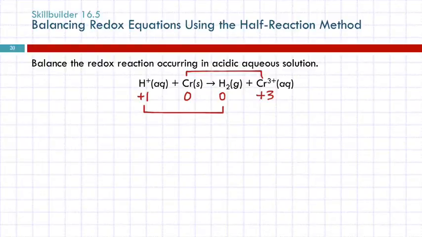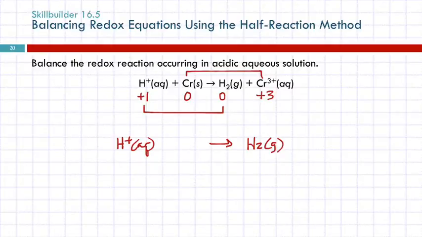Now, you can separate these into the half reactions without actually needing to think about which one is oxidation, which one is reduction. It could ask you that, but most of the time they just want you to balance it. So I'm just going to take the first one. So I see that I have H+, and this is going to H2 gas.